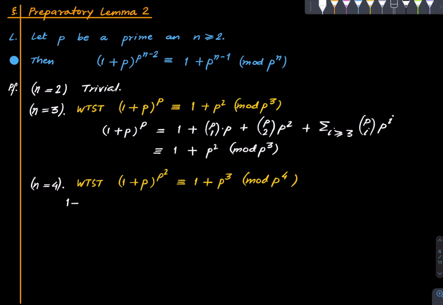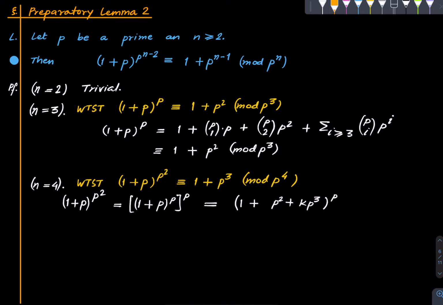But now 1 plus p to the power p square is equal to 1 plus p to the power p to the power p, of course. And now again, we will use the result for n equals 3. So this is equal to 1 plus p square plus k p cube for some k.